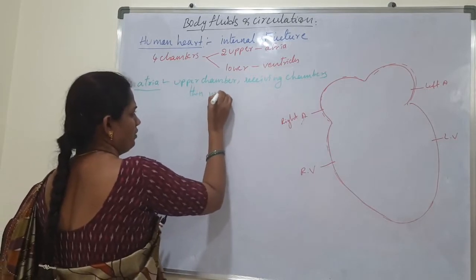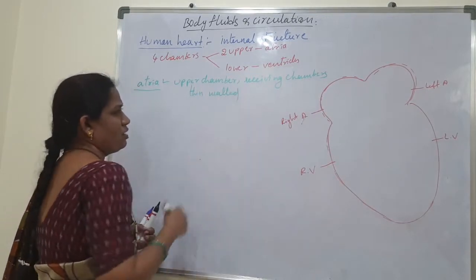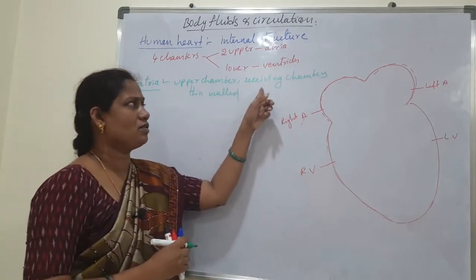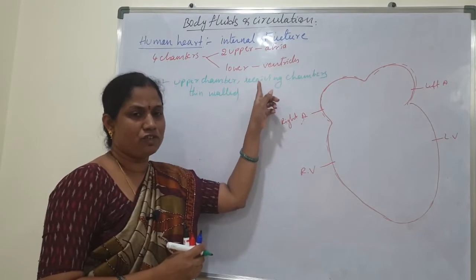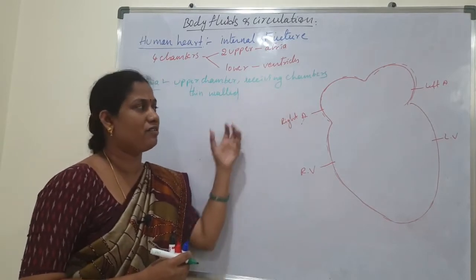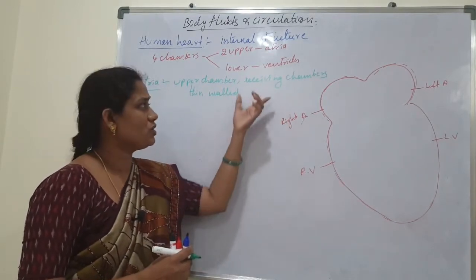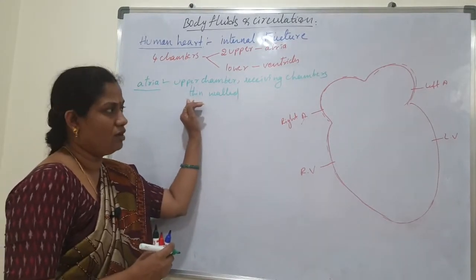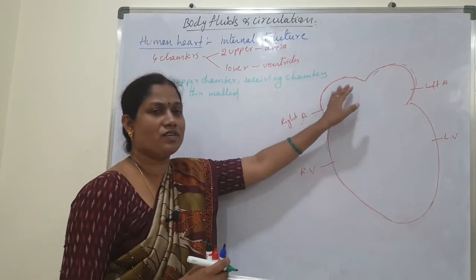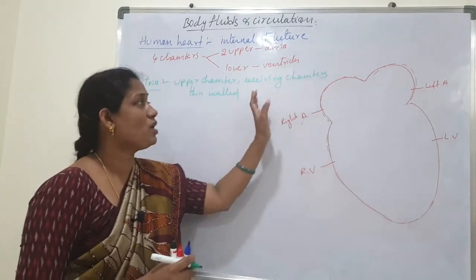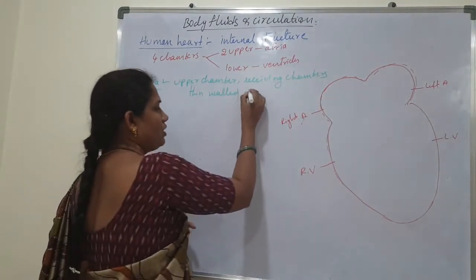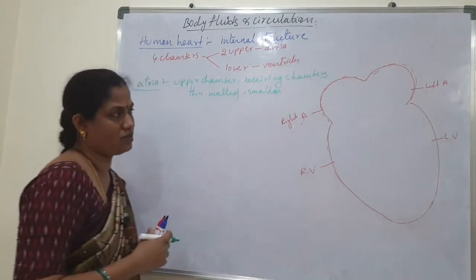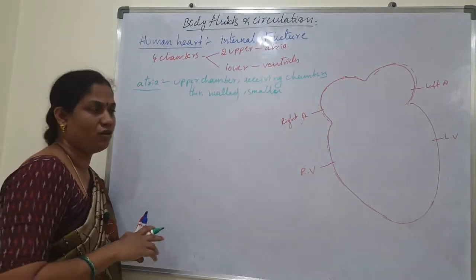Receiving chambers means they receive the blood from different parts of the body. Compared to the ventricles, they have a thin wall, and they are smaller chambers. So this is about auricles.